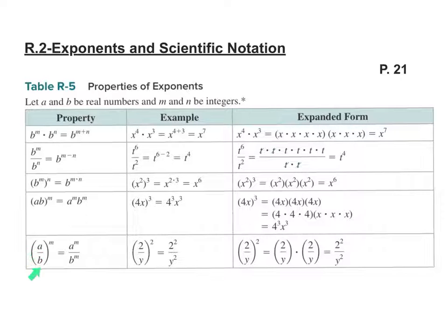And then the same thing is true if you have a fraction raised to a power, that both parts get raised to that power. Okay? Nothing new there. Just review of those power rules that you need to know, and should be in good shape there. Questions about any of that? Again, it's on page 21. If you want to grab it and put it in your notes, that's up to you.